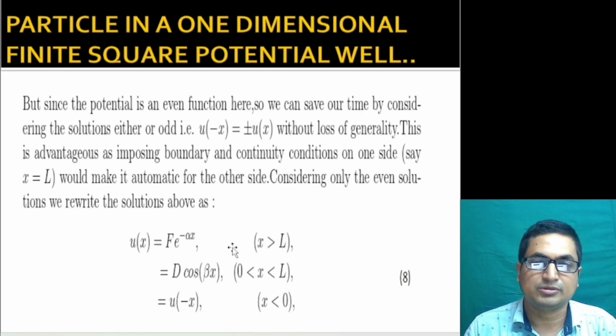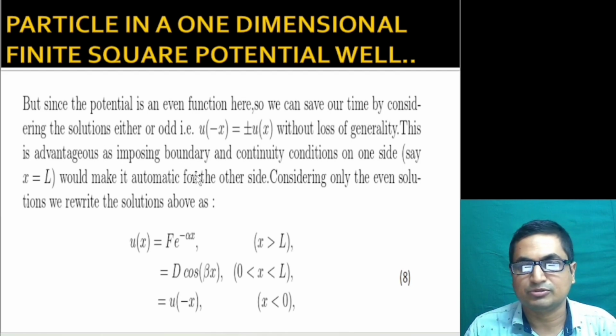So using these boundary conditions, and also the fact that the potential is an even function, we will consider solutions that are either odd or even. That means if x is minus, then it may be plus psi(x) or minus psi(x), depending on odd or even.